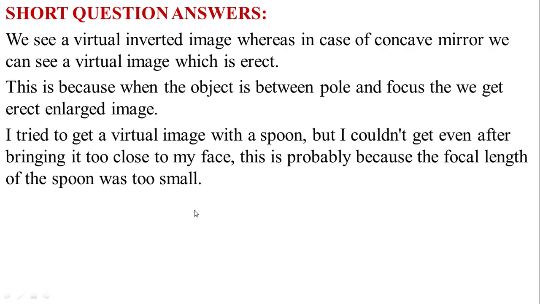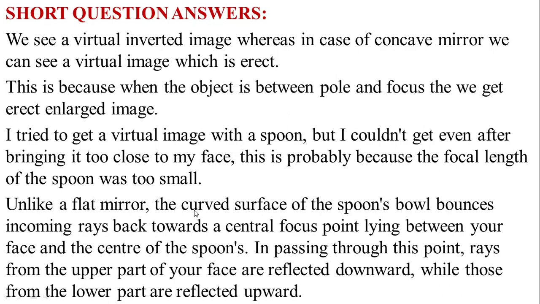I tried to get a virtual image with a phone, but I could not get one even after bringing it close to my face. This is probably because the focal length of the phone was too small. Now, unlike a flat mirror, the curved surface of a spoon bends the incoming rays towards a central focus point lying between your face and the center of the spoon.